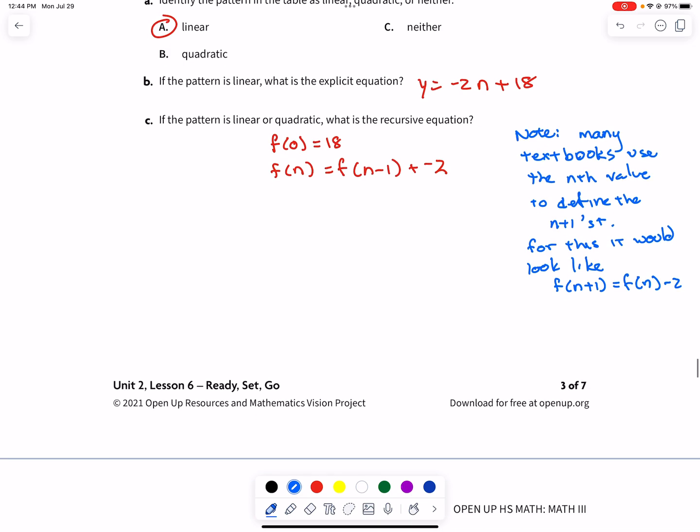Okay, so for linear functions, it doesn't actually make any difference if you use the previous value to get the current value, or if you use the current value to get the next value.